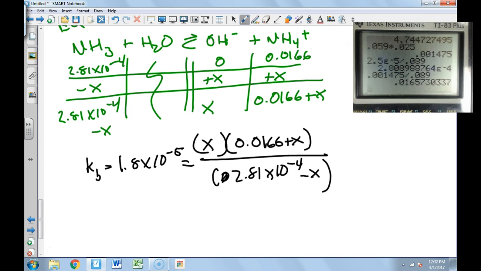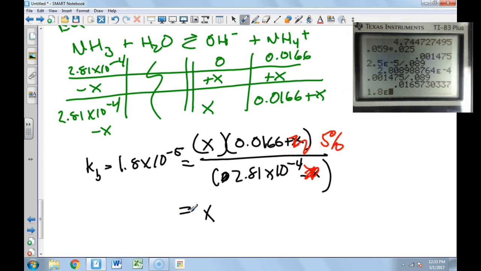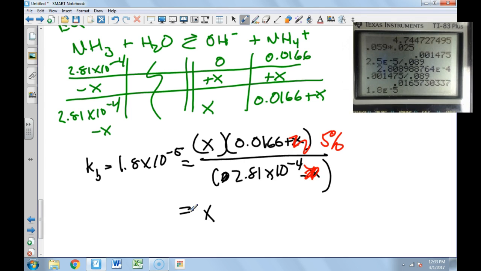And so now with this, we are going to get rid of these because of the 5% rule. Okay, and so now we solve for x. So we can get x equals 1.8 times 10 to the negative 5 times, because we want to multiply this up, times 2.81 times 10 to the negative 4.